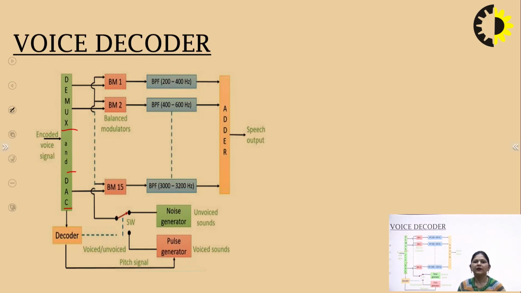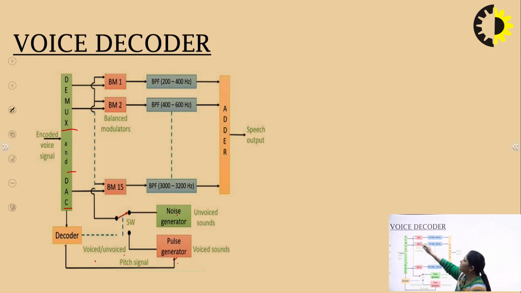At the transmitter end, we are having ADC as well as demux, as well as mux. So here we are having the opposite of that, demux and DAC. So they are having balance modulators, a decoder that will select whether the signal is voiced or unvoiced, and accordingly the pulse generator or noise generator will be asked to generate either the voiced signal or the unvoiced signal.